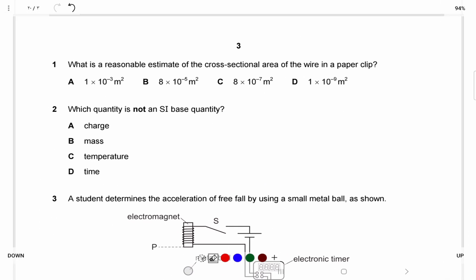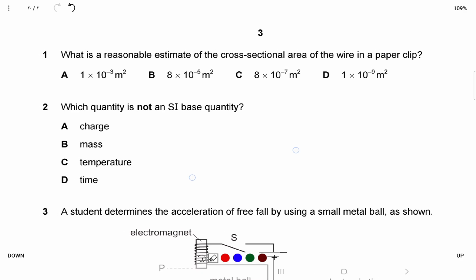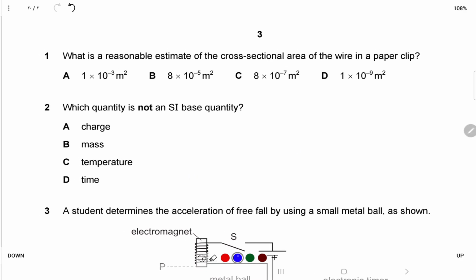In this question we're asked what is a reasonable estimate of the cross-sectional area of wire in a paper clip. First step, you have to estimate the diameter of the wire. Diameter can be estimated as 1 millimeter, and this means the radius will be 0.5 millimeter. Change it into meters and plug it in the formula.